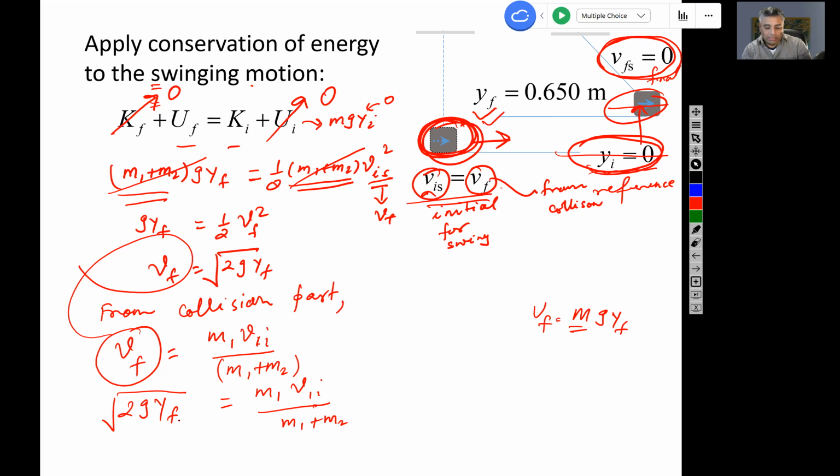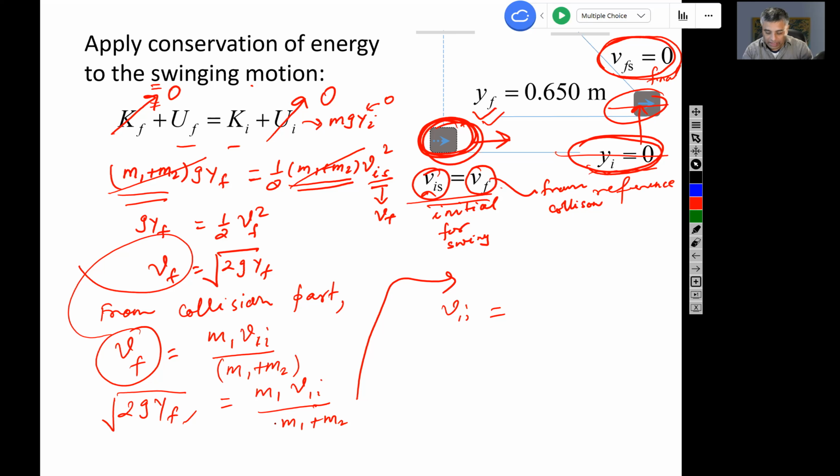So now we know everything. We know yf, we know the masses, and g of course. That means we can now find the speed of the bullet.